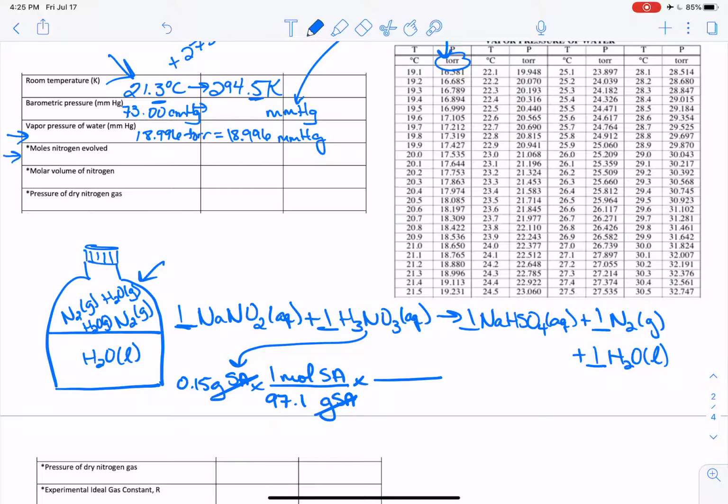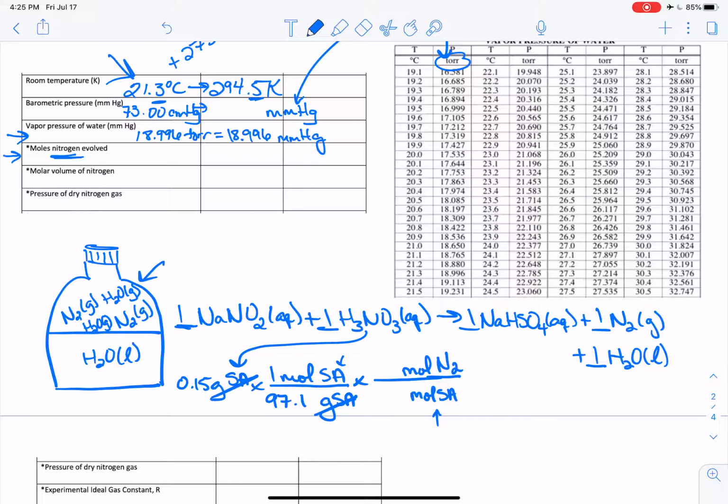And I don't want moles of sulfonic acid, I want moles of nitrogen. So I'm going to put moles of sulfonic acid on the bottom here. So the one on the top there and the one on the bottom there will cancel out. And where I want to go to is moles of nitrogen. And remember, the nitrogen that we're talking about is the diatomic molecule N2. So where do we get the numbers that go next to mole of nitrogen and mole of sulfonic acid?